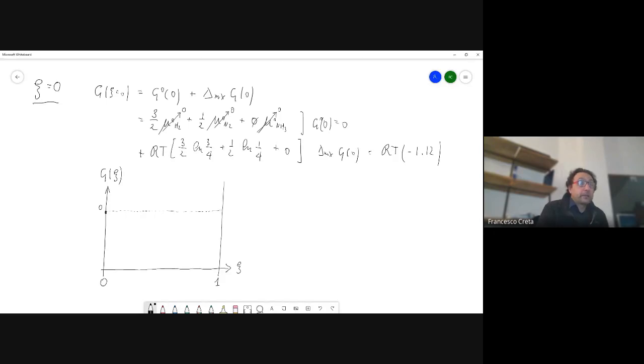So here we have essentially unmixed reactants, which is 3 divided by 2 moles of H2 plus 1/2 mole of nitrogen, okay? So that's G0. Let's write it over here. G0 of 0 is equal to 0. So this is where we start.